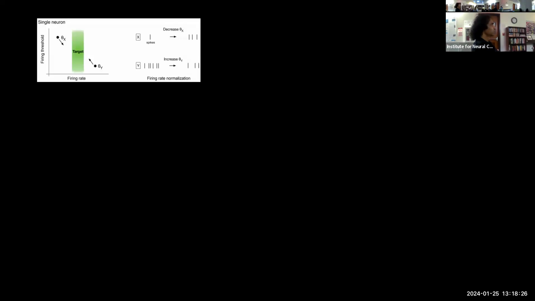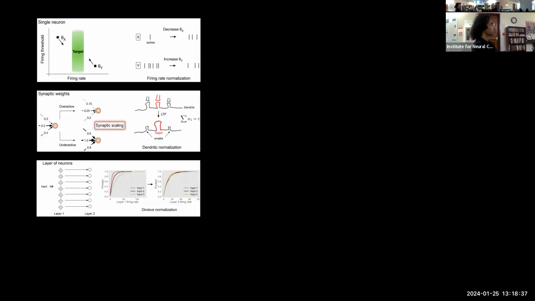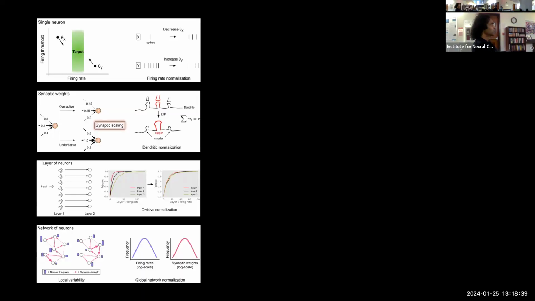And homeostatic plasticity does not only happen at one level. Actually it happens at multiple levels in the neural system, like single neuron levels, layers of neurons, and networks of neurons. And for each level, there are corresponding algorithms being developed in the machine learning field.